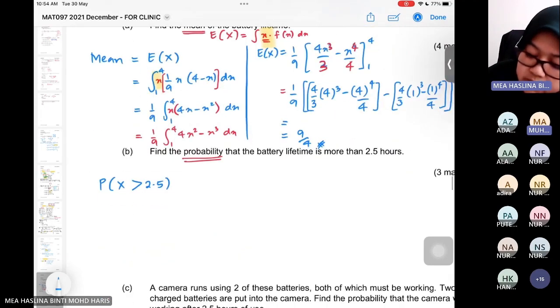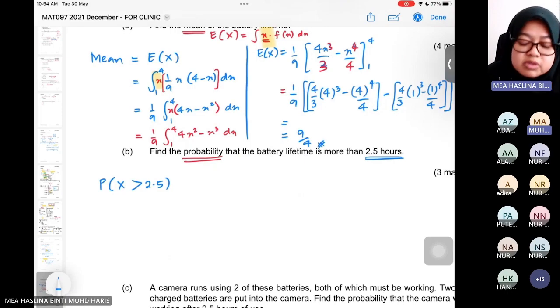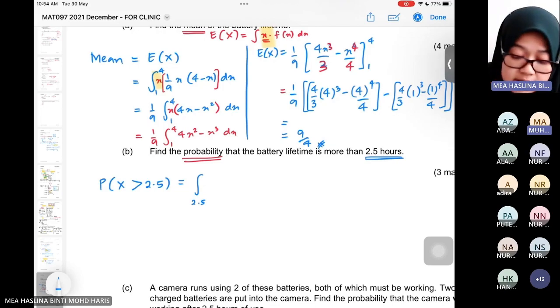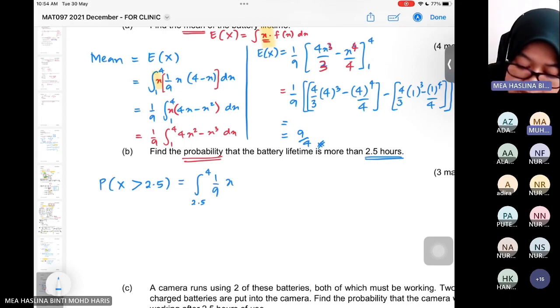Okay. So when you have to calculate more than 2.5 hours, you don't have to convert, and the unit is already in the same unit. So 2.5, that means the lower limit will be 2.5, and the upper limit will be 4. So 1/9 x (4 minus x) dx.